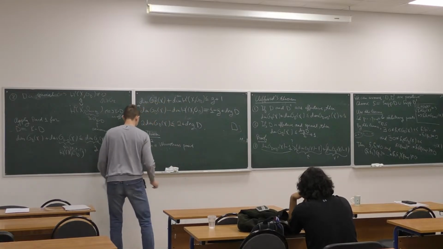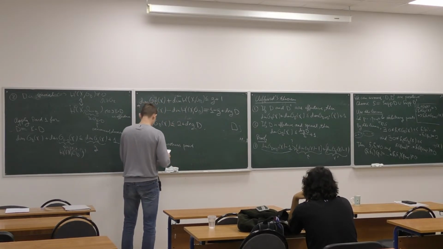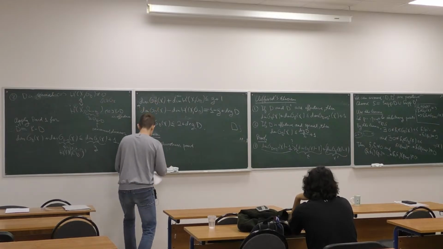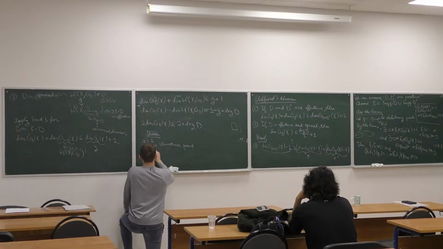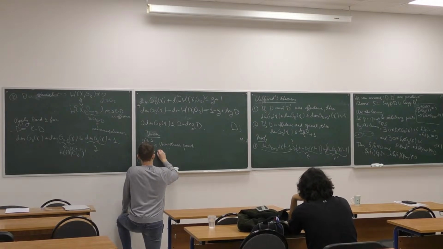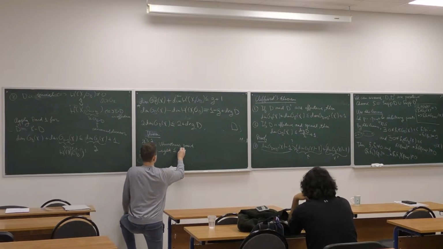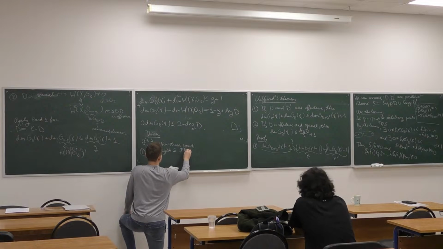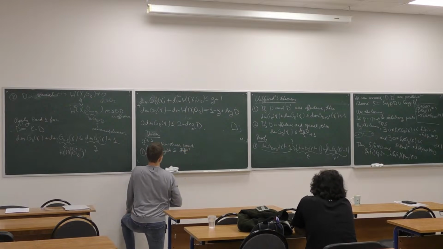Then the weight is less or equal to g times (g minus 1) over 2.